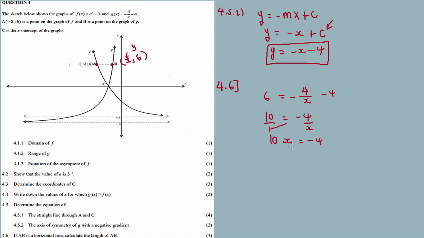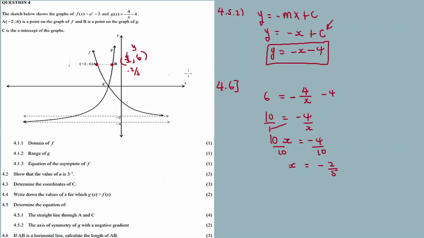Then divide by 10, divide by 10. So x equals negative 4 over 10, which is 2 over 5. So the x coordinate of B is minus 2 over 5.